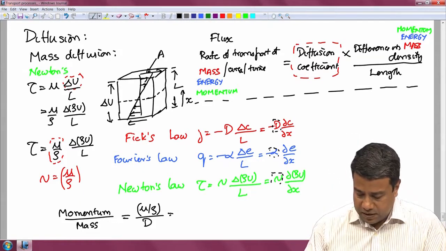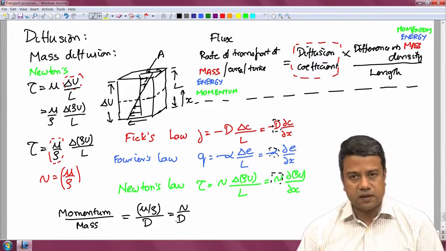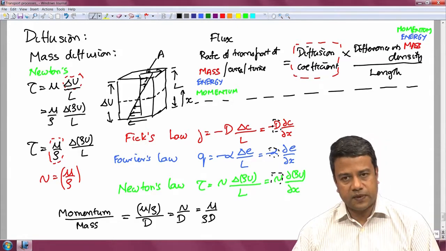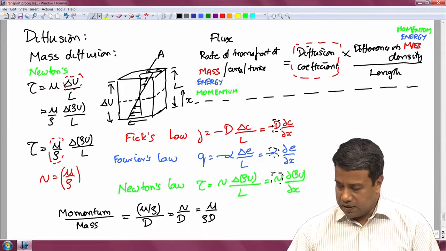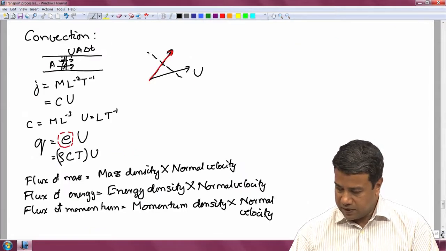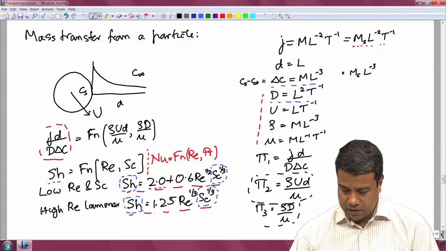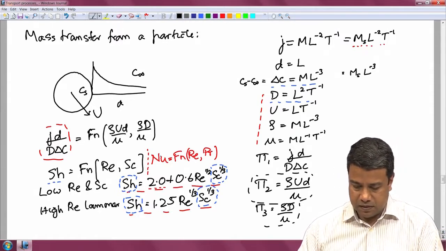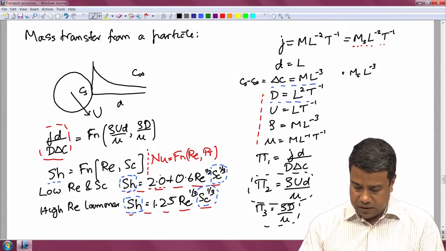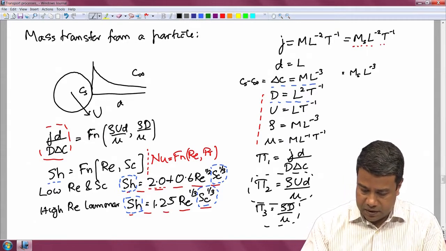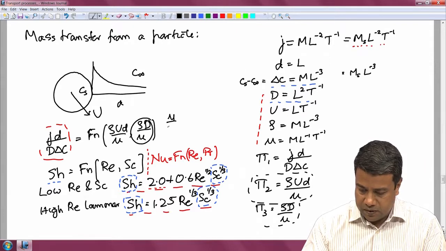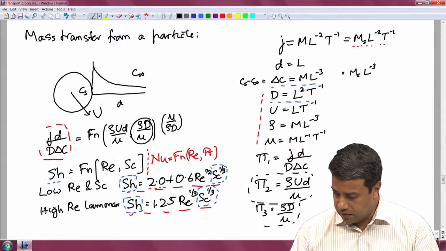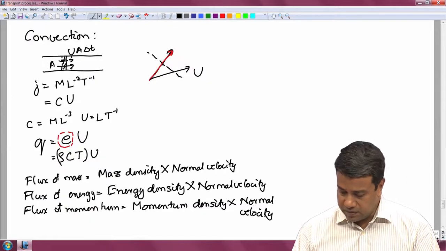Basically, that is equal to nu by the mass diffusion coefficient, the kinematic viscosity. So, you get mu by rho d. And if you recall, when we did the mass transfer problem, that was what was called the Schmidt number. I had written this in terms of mu by rho d, or use the inverse, rho d by mu, and that ended up being the Schmidt number.